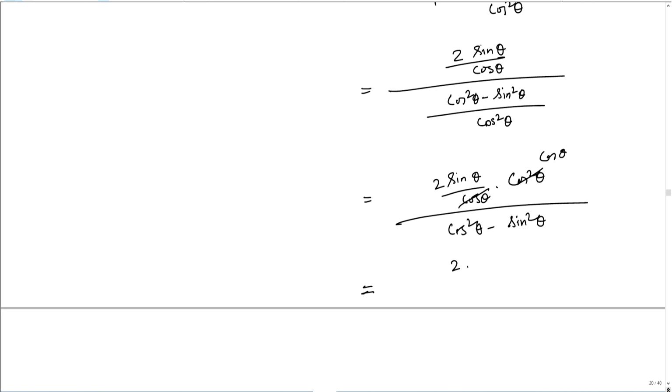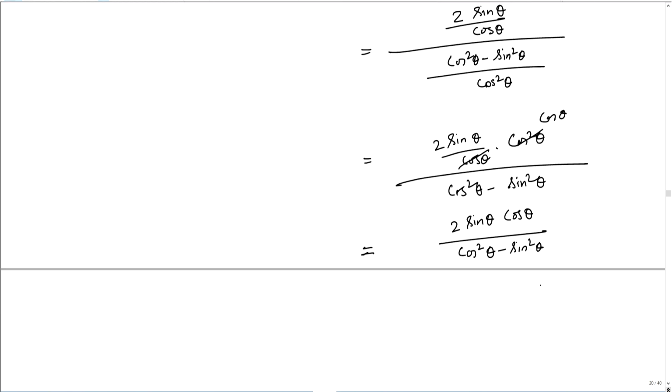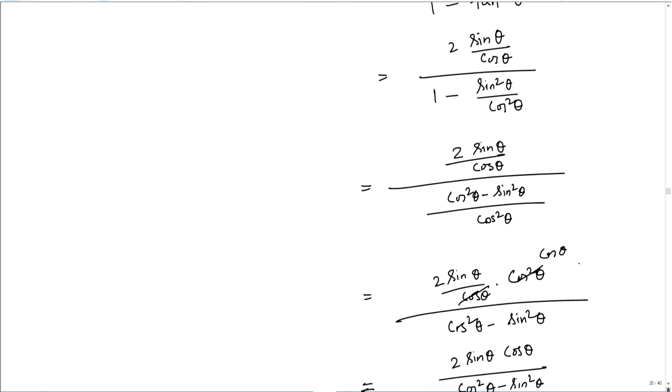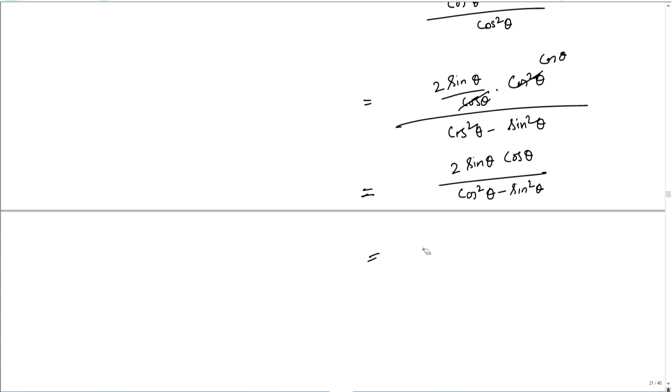So, you would be left with 2 sin theta cos theta divided by cos square theta minus sin square theta. Okay. This is what you will get. Now, the numerator is the expansion of sin 2 theta, the denominator is actually cos 2 theta, that is why it is equal to tan 2 theta. But this is what you get in terms of sin theta and cos theta.